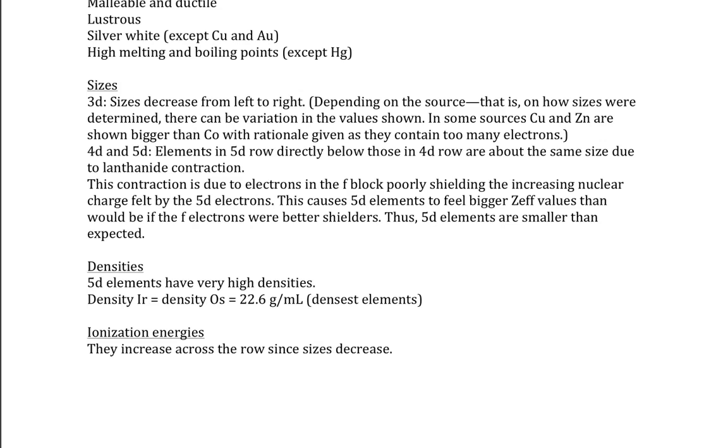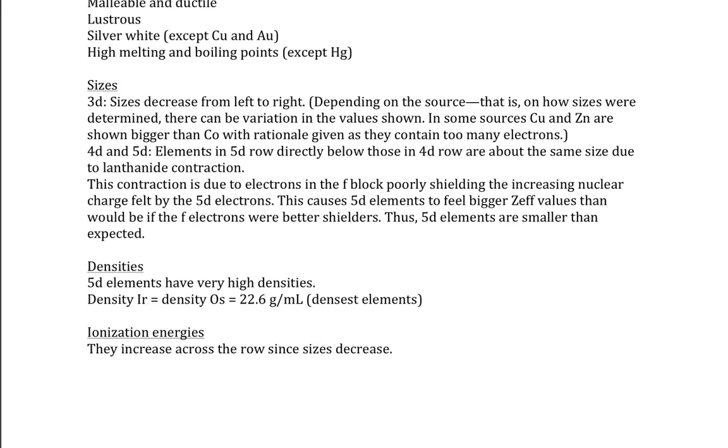So if we compare, for example, osmium and ruthenium, so osmium is directly below ruthenium, it's in the 5d row, ruthenium above in the 4d row. They're about the same size, even though osmium's outermost shell is n equals 5, so one whole number greater than that of ruthenium.